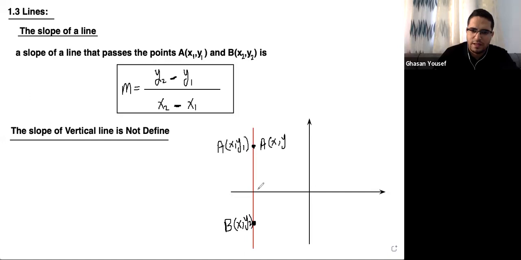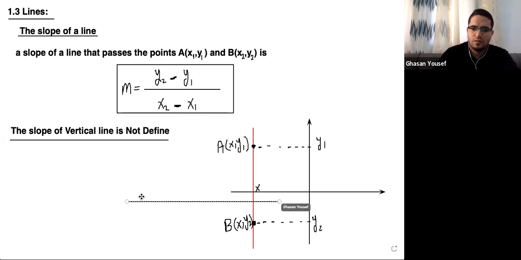This is my x, and this point here is my y1. This point down here is my y2.